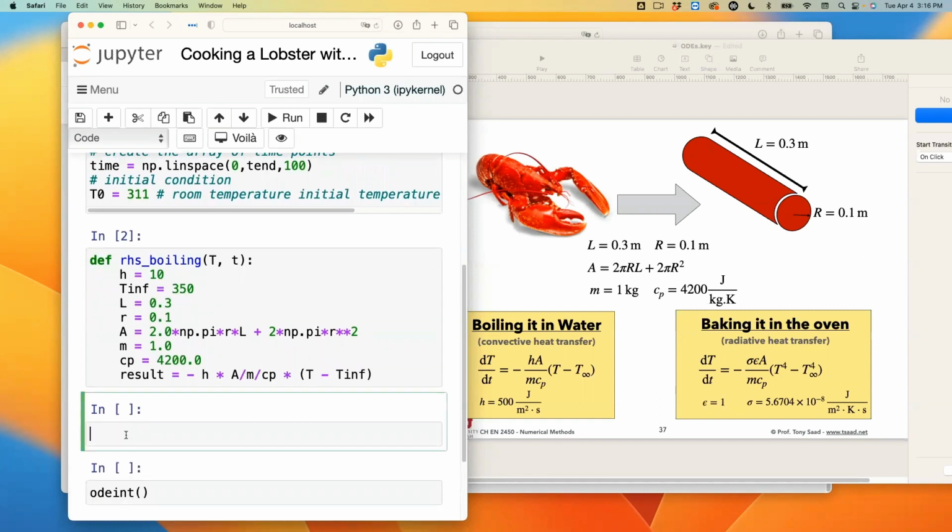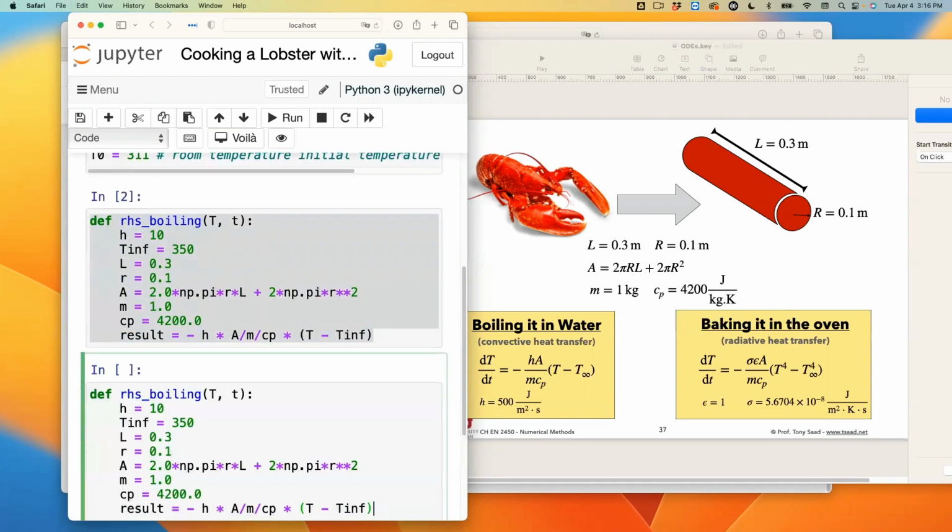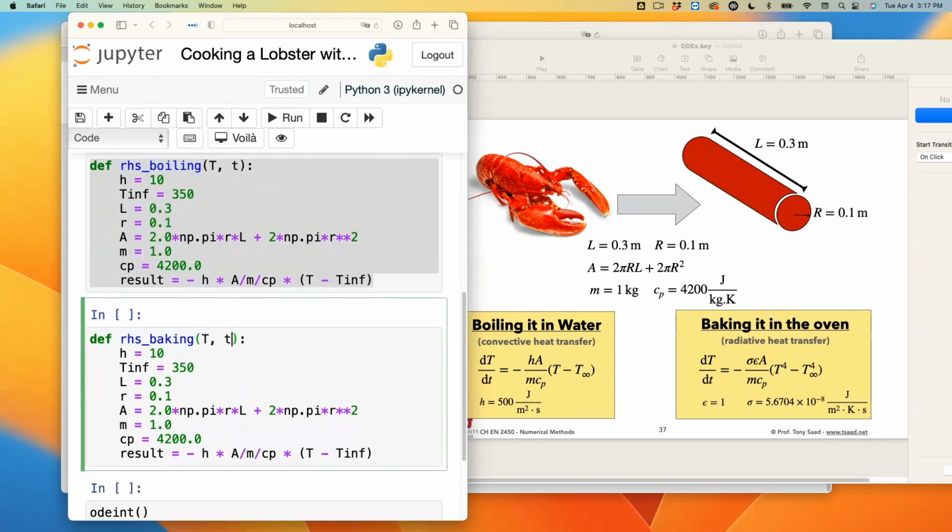Let's do the right-hand side baking, and then we'll solve it, okay? So I'm going to copy this here. Define right-hand side baking. Again, the first argument is phi, the dependent variable, and the second argument is the independent variable.